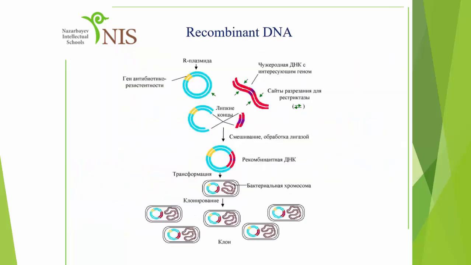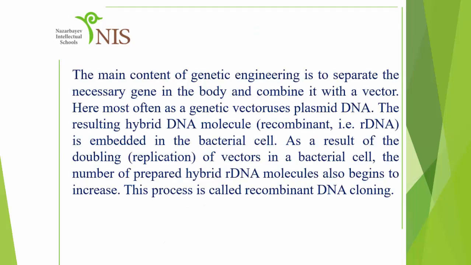Recombinant DNA. The main content of genetic engineering is to separate the necessary gene in the body and combine it with a vector. Here most often the genetic vector is plasmid DNA.